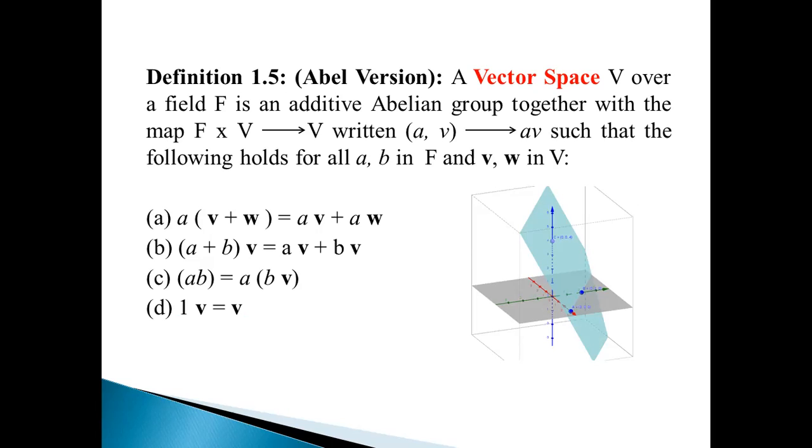So the closure of addition and the closure of scalar multiplication come with the definition of addition and the definition of scalar multiplication. Those two are requirements for us to show the other 8. That is why the abelian version of the definition of a vector space only has 8 axioms that must be satisfied, because the other 2 come by definition.